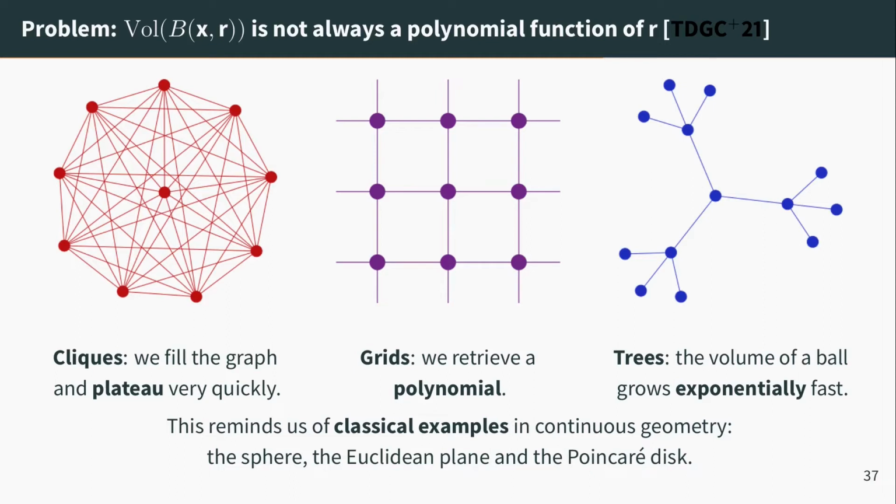You have a point, and you're interested in the area of a ball of radius r on the sphere. At first the area of this disk grows like a polynomial of degree 2, but very quickly you fill the whole sphere. It is very small.